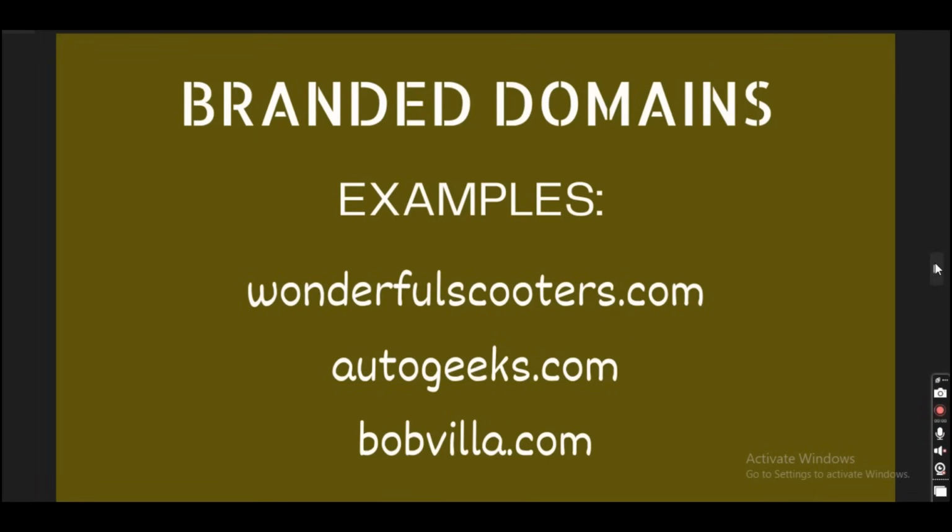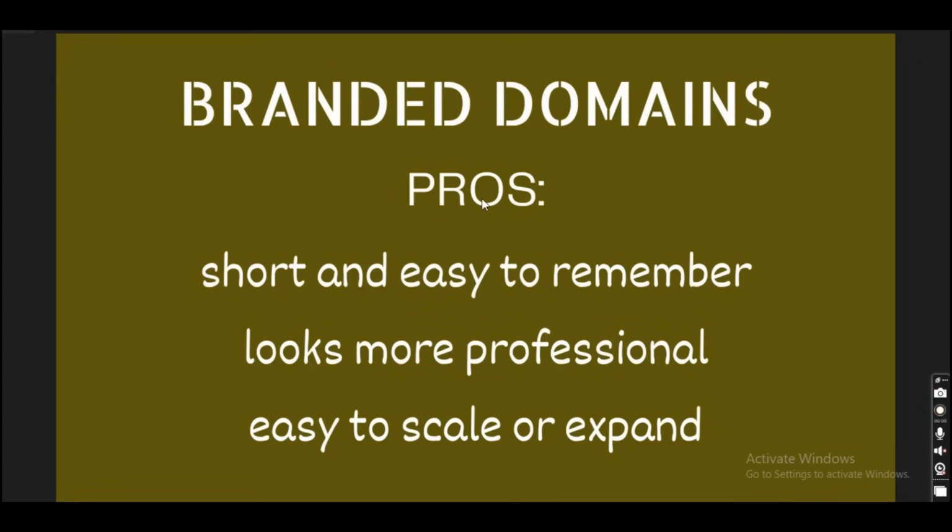So for instance, if you pick a car niche, maybe you pick Auto Geeks. Let's say the name of your website is Auto Geeks, and then you start out writing about car bumpers.